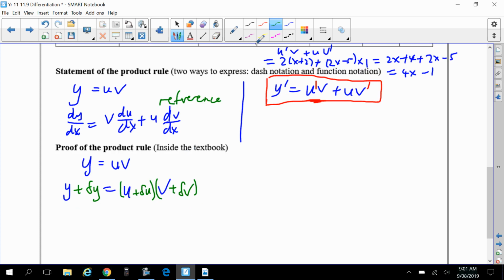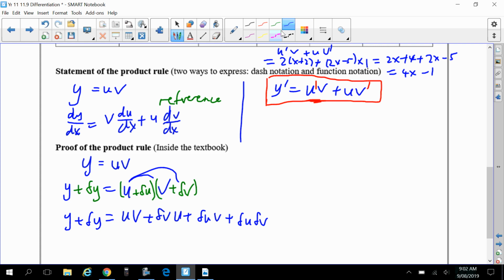And then if you expand that, UV plus delta U times delta V... U times delta V plus delta U times V plus delta U delta V, right? Now the thing you need to know is Y is UV, so they kill each other, right?